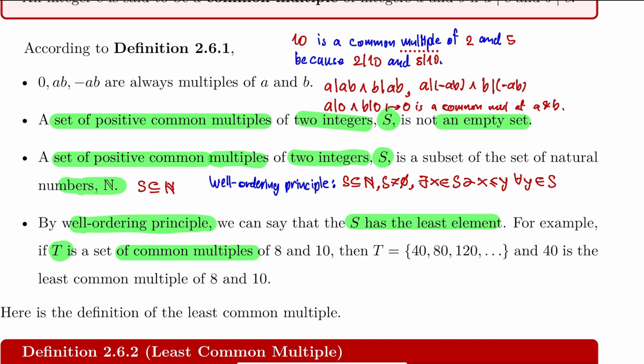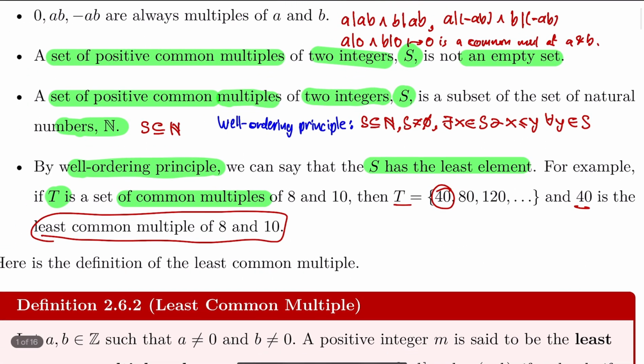Then we have 40, which is the least element in set T. So 40 is the least common multiple of 8 and 10. Because of the well-ordering principle, we can find the least common multiple of two numbers.